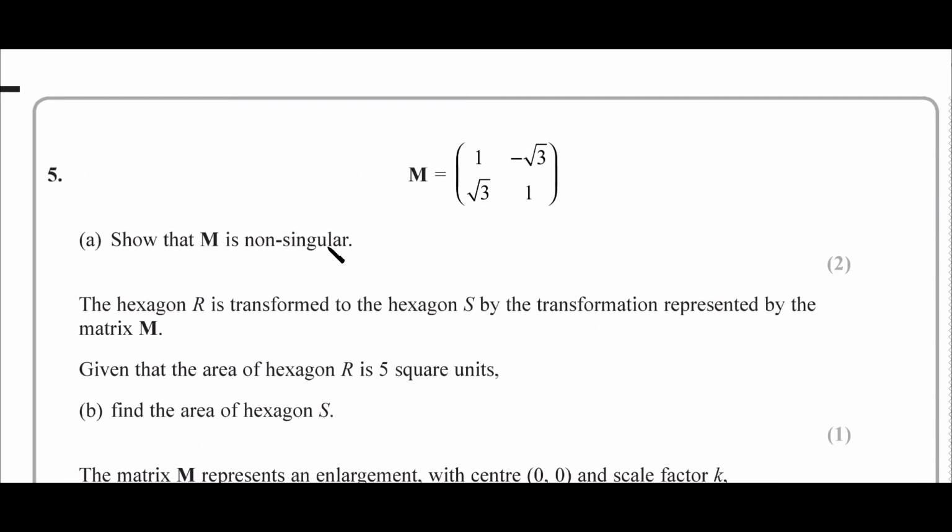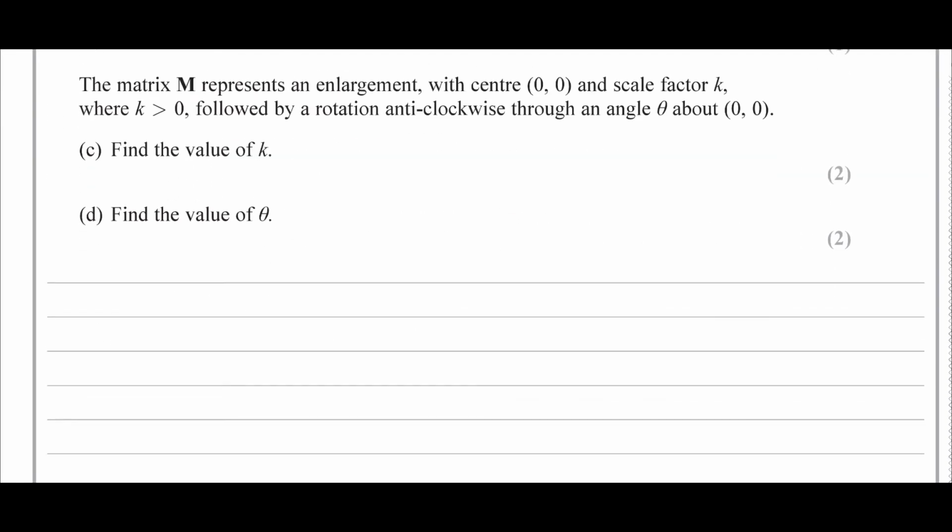So to find the determinant, we have 1 times 1 minus root 3 times root 3. So for part A, the determinant of M is equal to 1 times 1 minus root 3 times root 3. So we have 1 plus 3, which is 4.